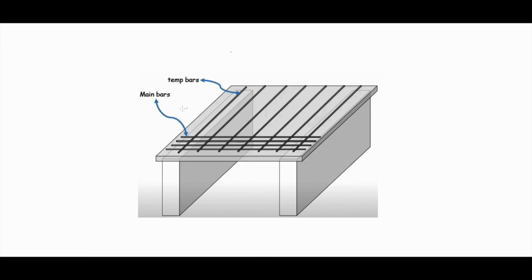My main bars are placed per strip, which in my case is number 4 at 10 inch. And the temperature and shrinkage bars, which are the minor bars, we chose to be number 3 at also 10 inch. So here the bars are tied together.